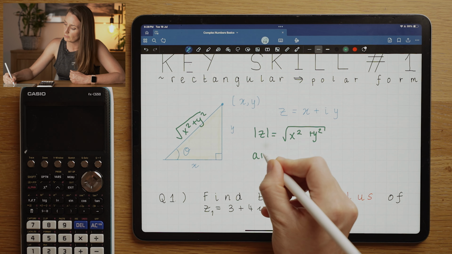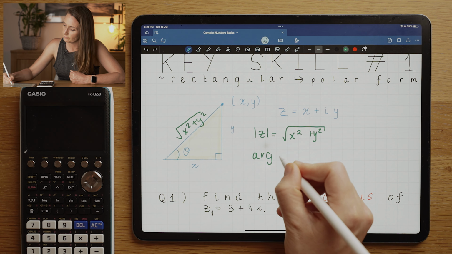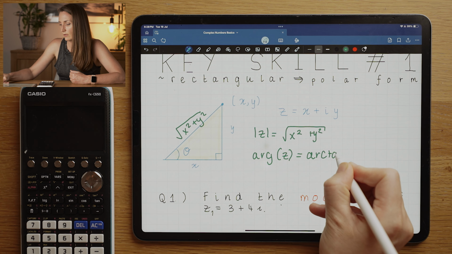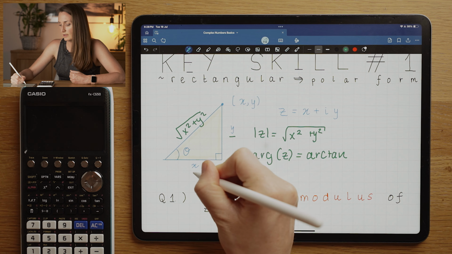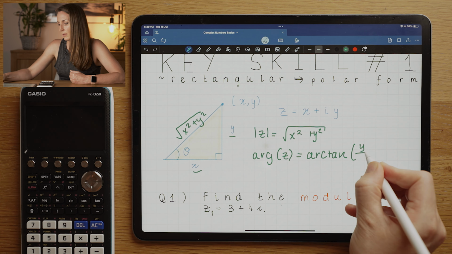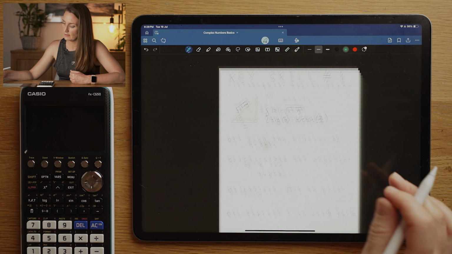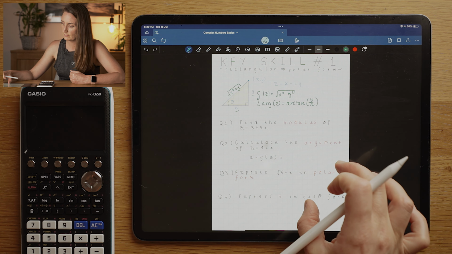And the argument of z would be equal to arctan of the opposite divided by the adjacent. So that's getting us off to a really good start.